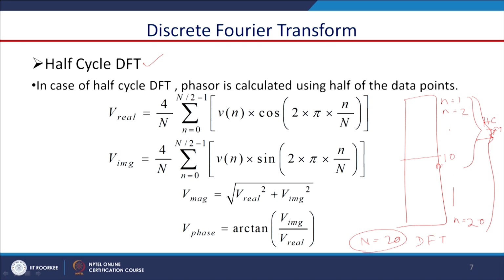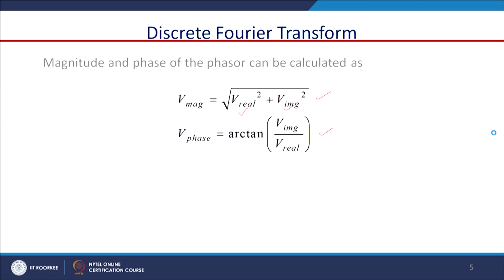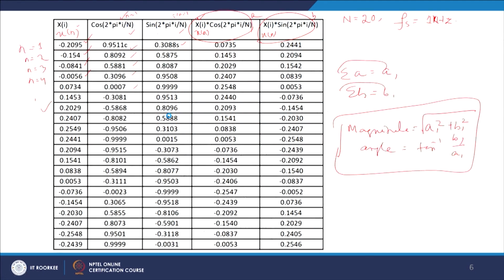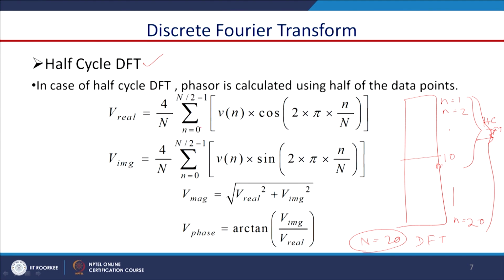In that case the only difference will be in the number of samples. If you go back to the previous expression of the full cycle DFT, there we wrote up to N minus 1. In this case the number of samples goes from n equal to 0 to N by 2 minus 1.